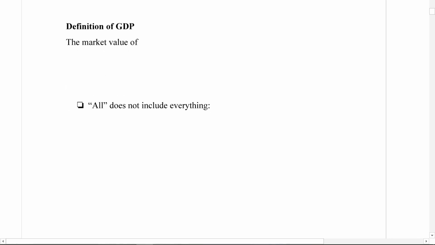So let's define GDP next, and we're going to go into a couple of the nuanced parts of this definition.